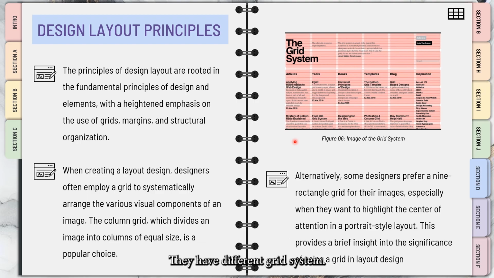They have different grid systems. I think there are 3 to be exact that you can use in your design layout. And you can also see grid layouts in publication design. So if you have a magazine, you will be using a grid system for great compositions of your articles. And in Figure 6, it shows you a picture of the grid system.